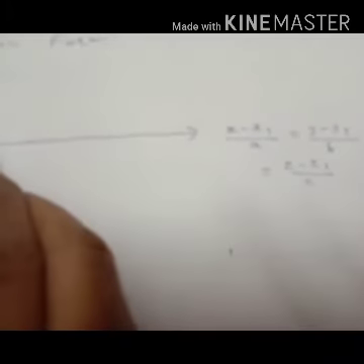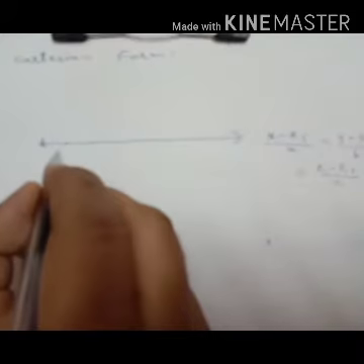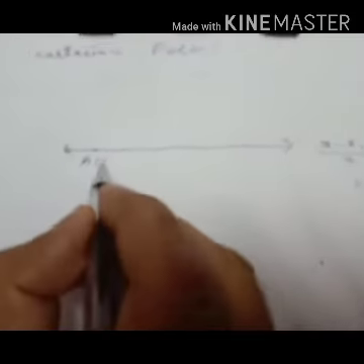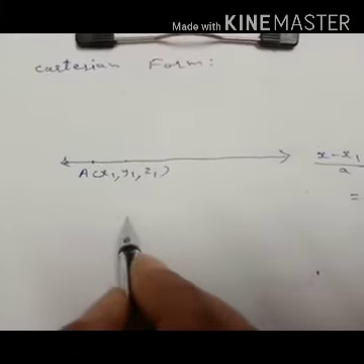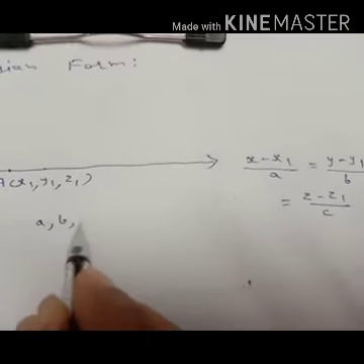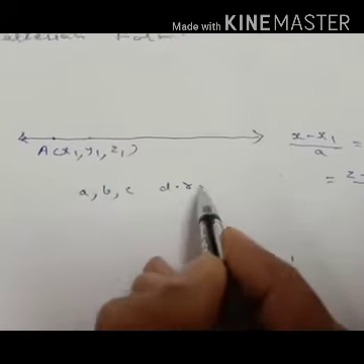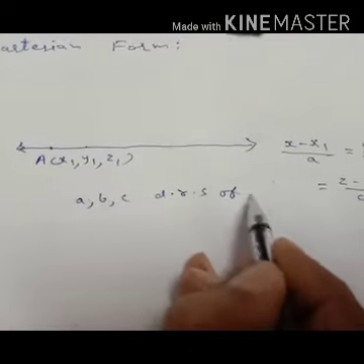This is the equation of a line in Cartesian form. It means that the coordinates of one point on the line are x1, y1, z1, and a, b, c are the direction ratios of the line.